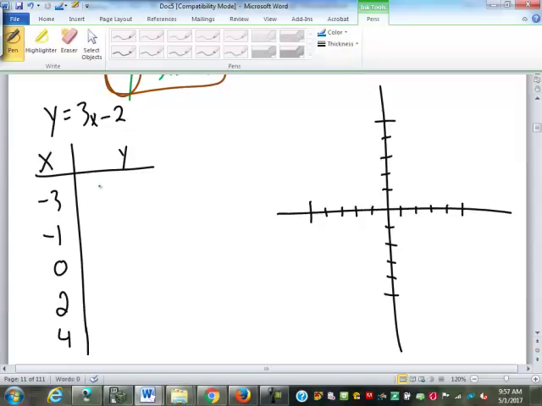So if x is -3, y has to be 3 times -3 minus 2. Yeah, 3 times negative 3 is negative 9, minus 2 is negative 11. So that gives us the ordered pair of negative 3, negative 11. I can probably squeeze that on here.